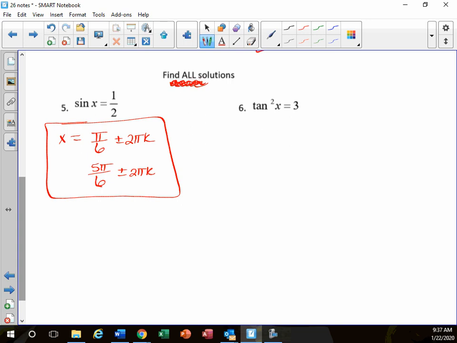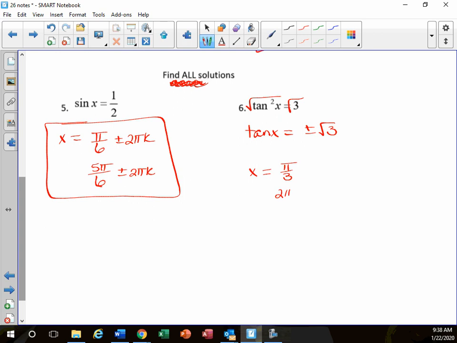So if the directions say all solutions, okay? All right, one more, guys. So what do I need to do to solve 6? Square root, okay. So I'm going to get tangent of x equals plus or minus root 3. All right, plus or minus. So I got a lot of answers here, right? It's all of the over what's? Over 3's, good.